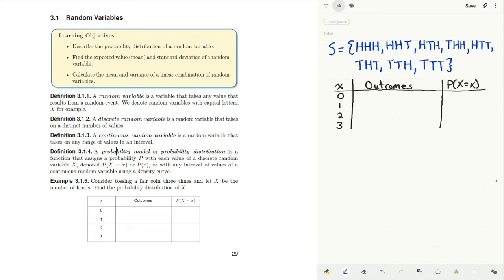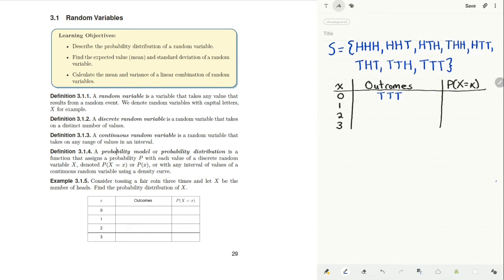So now we will write the outcomes that correspond to each value of X. For the value of 0, this means that there are no heads from our coin tosses, and the only outcome for this scenario is that they are all tails. Now for the value of 1, this means that there is 1 heads from our 3 coin tosses, and we know from our sample space that there are 3 possible outcomes.